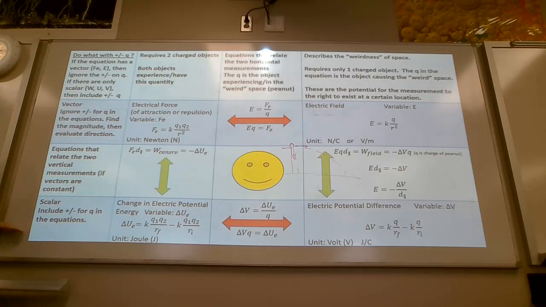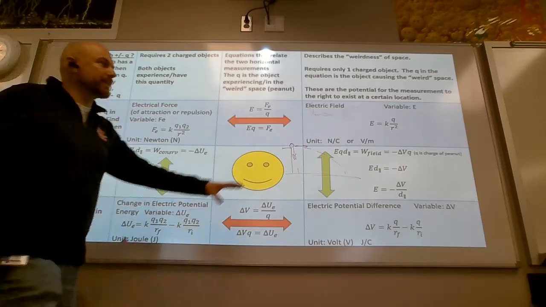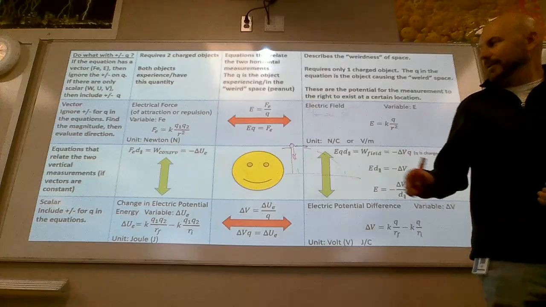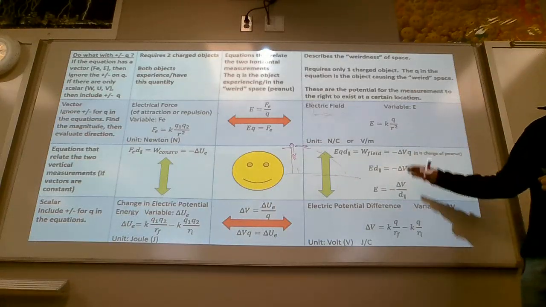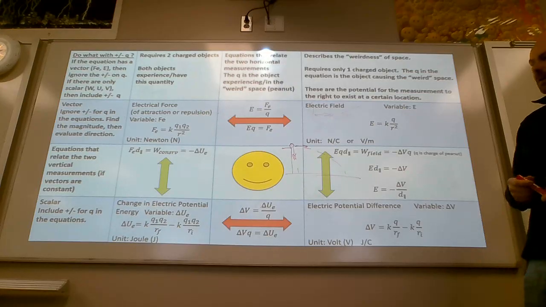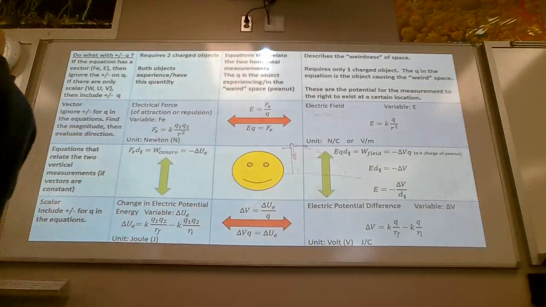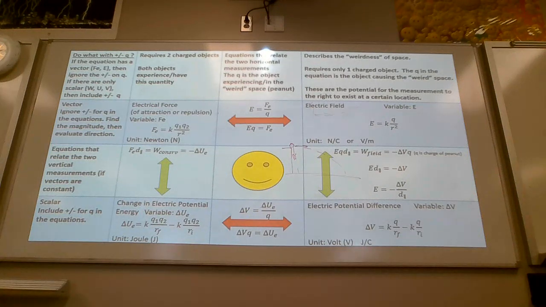I'll post this on Canvas. These are scalars. This is the actual stuff, the force and the energy. I'll post this on Canvas and the equation sheet. We got free response questions due on Tuesday.